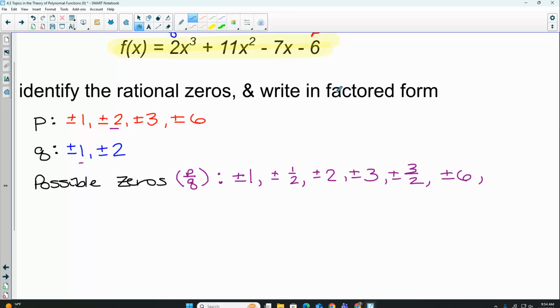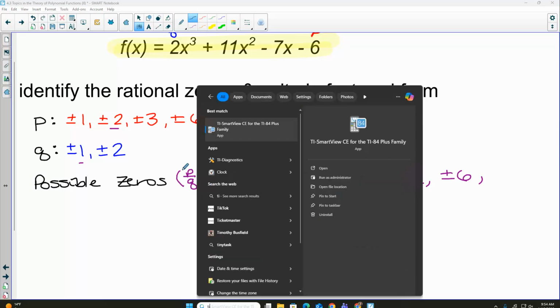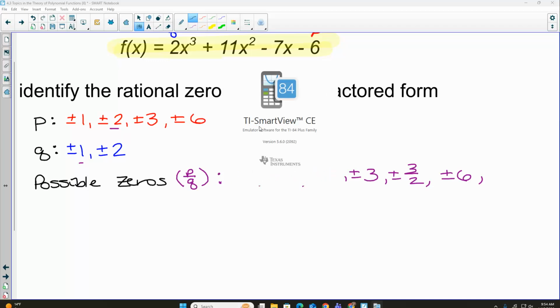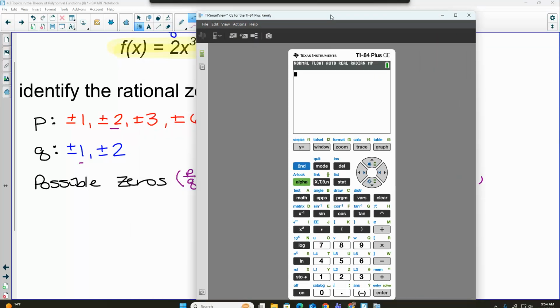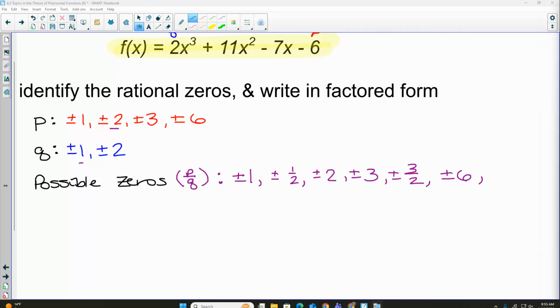So now it's just calculator time. Some tricks on your calculators to help you. I usually try to save my fractions for last, just because they're a little more annoying to plug in and do division with. Okay, so if I am going to plug in, let's say I put in a 1.